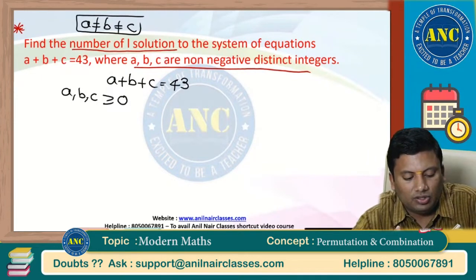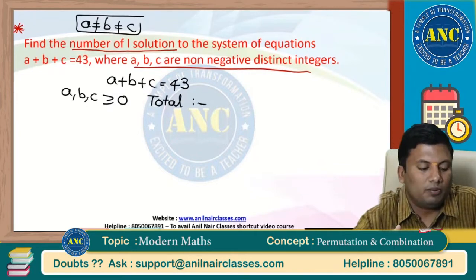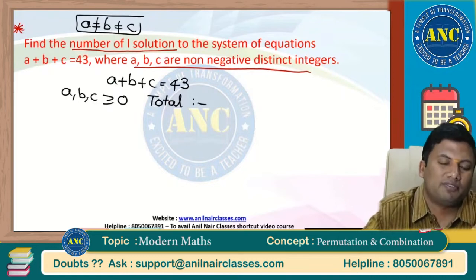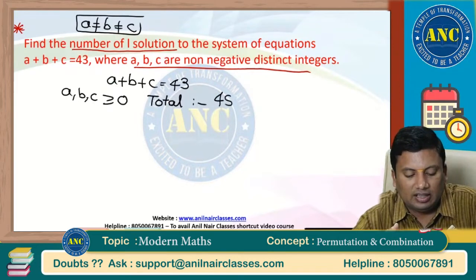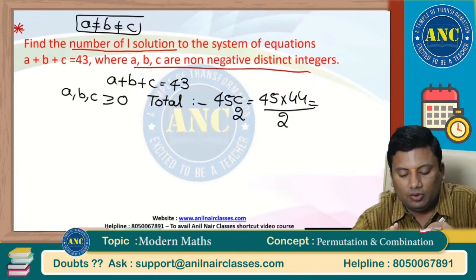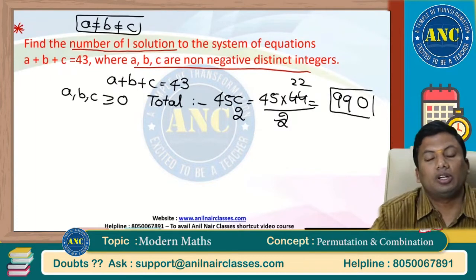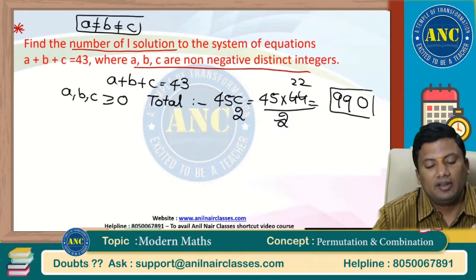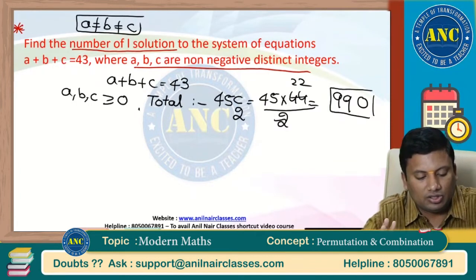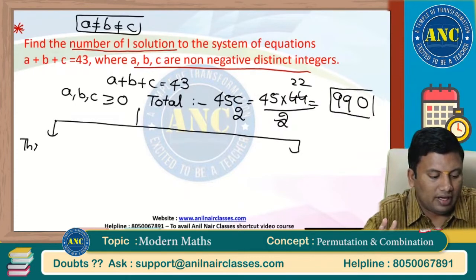What is the total number of solutions we got? 0 means 1, 1, 1, so 43 plus 3, 46, which is 45C2, n into n minus 1 by 2. These are the total solutions. 45 into 44 by 2 is 990, so total 990 solutions are there where a, b, c are greater than or equivalent to 0. In that, 3 variables are equal.